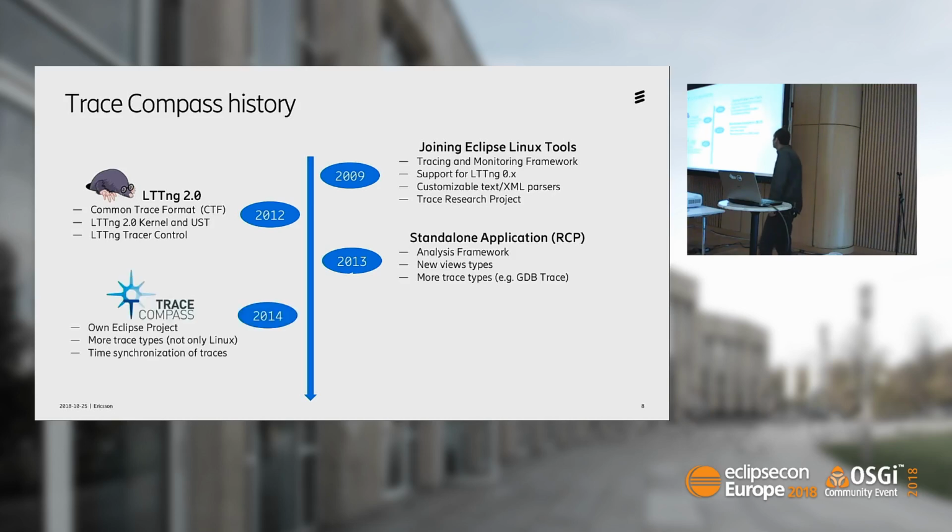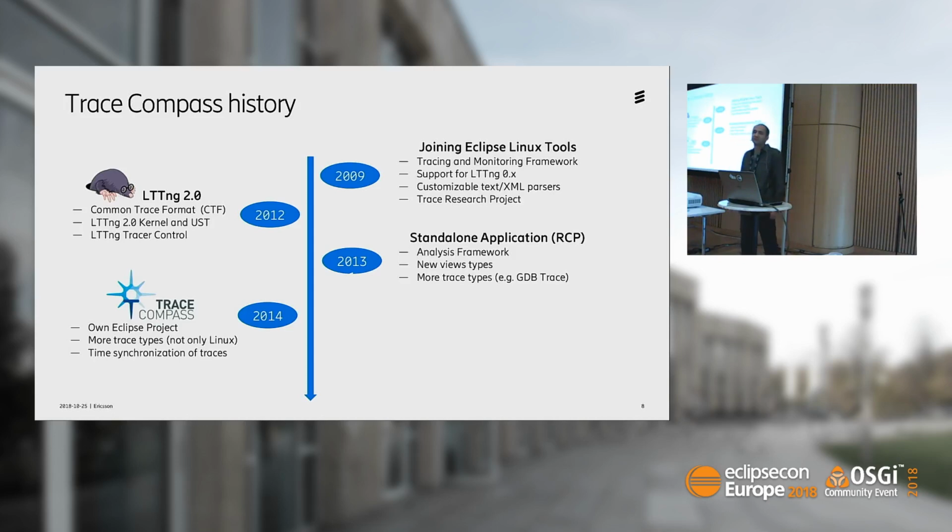In 2014, we decided to create a standalone project with the name Trace Compass. The reason was that it was previously perceived as only for Linux and that you cannot use it for something else.